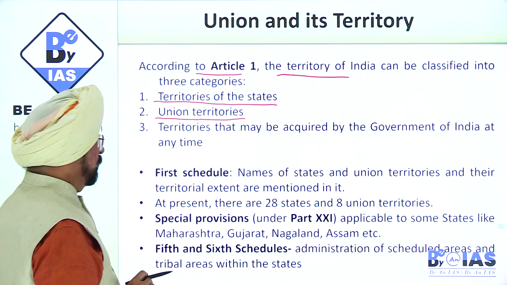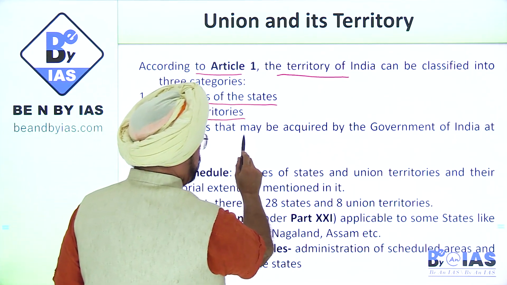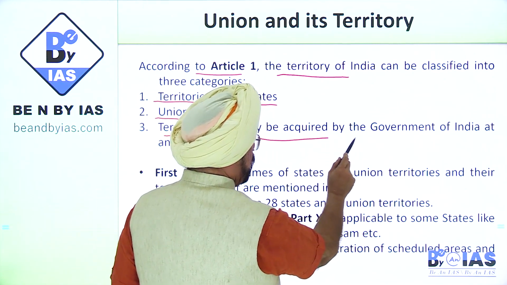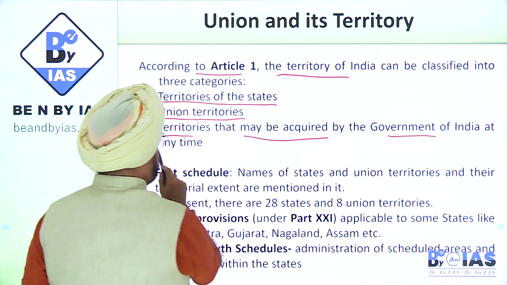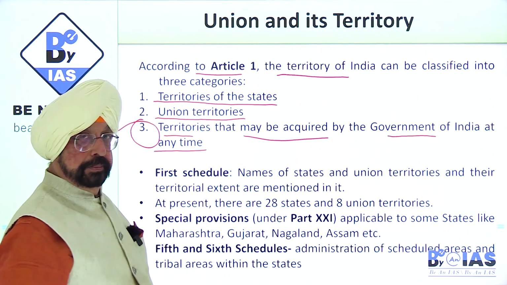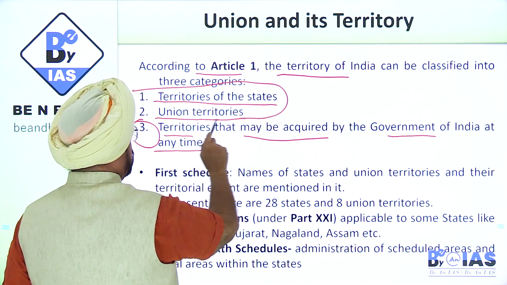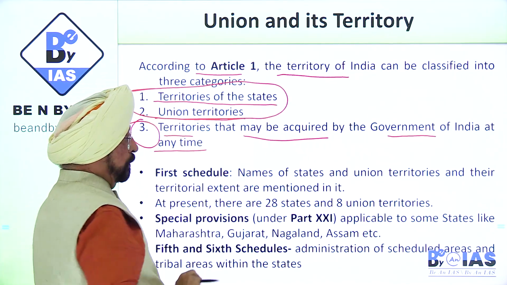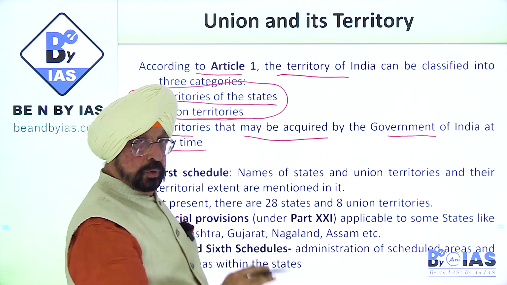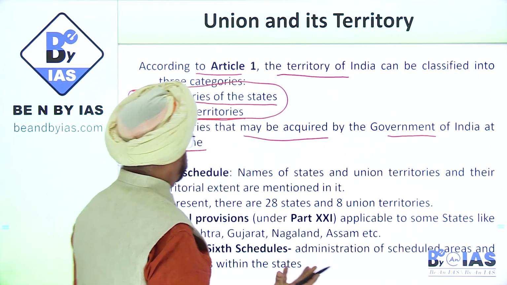What is that open type? It is the territories that may be acquired by the government of India at any time. So this is an open-ended type. First 2 are the definite ones. Third is left open to the choice of the government.